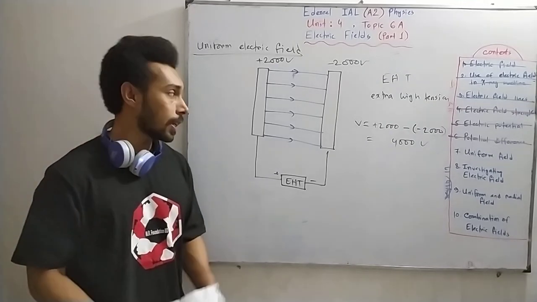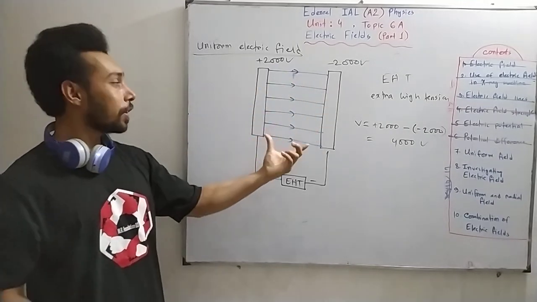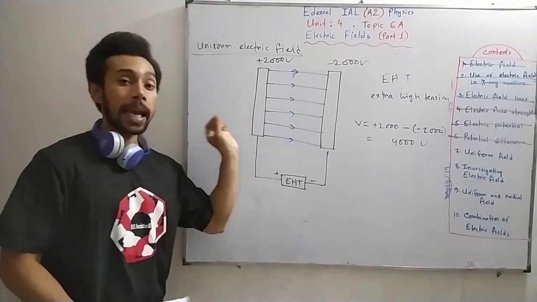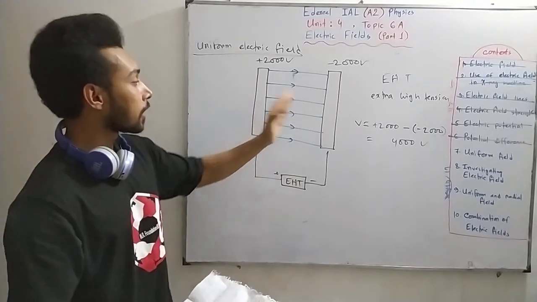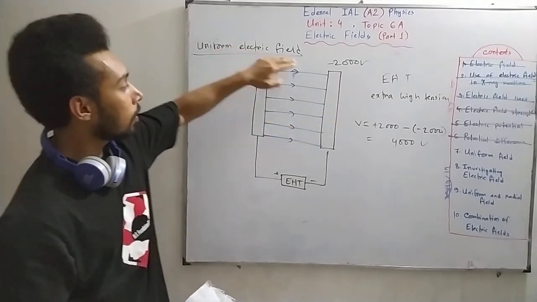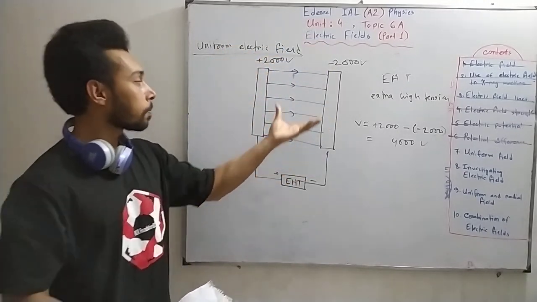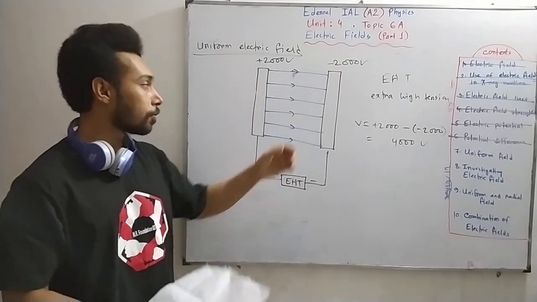So you have to remember that an electric field exists between two plates if the plates are at different electric potential. In this case, the plates are at different electric potentials. This is at plus 2000 volt and this is at minus 2000 volt. That's why there is an electric field between the plates.